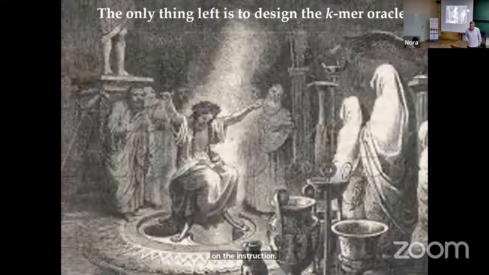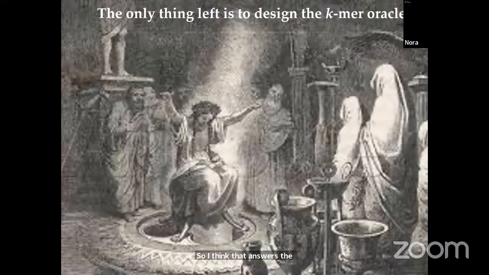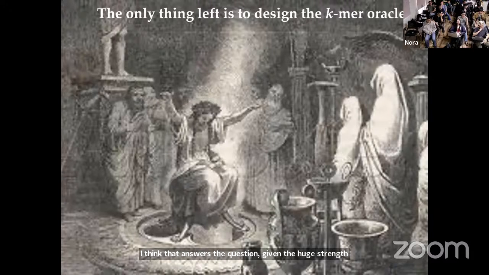So take a minute to talk to your partner and say how you would design an algorithm that quickly answers the question, given a huge string and a k-mer: does this k-mer belong to this string? You cannot afford to scan the string, of course, one position every time.